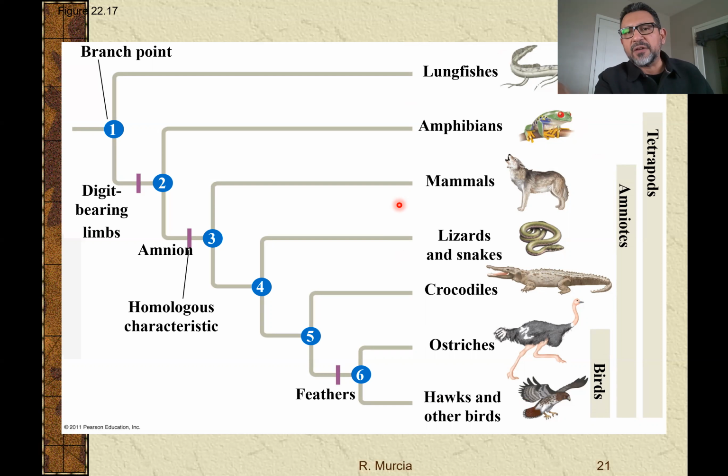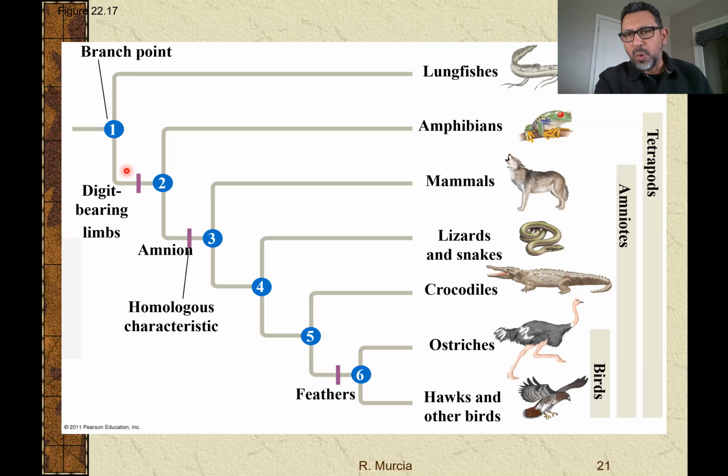So the lungfishes are a group of fish that don't have, for example, digits, that is going to be fingers or toes on their limbs. And so this notch you see right here saying that we have digit-bearing limbs would have been a derived trait, a new characteristic that was not present in this common ancestor to all of the vertebrates you see here in this illustration.